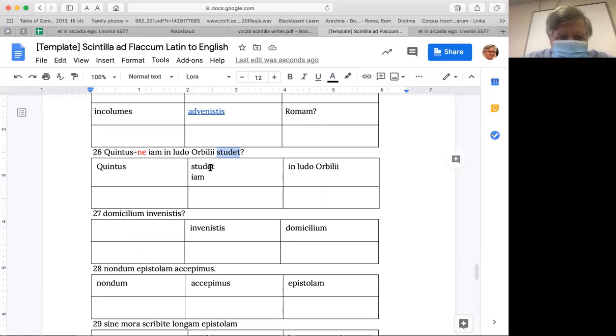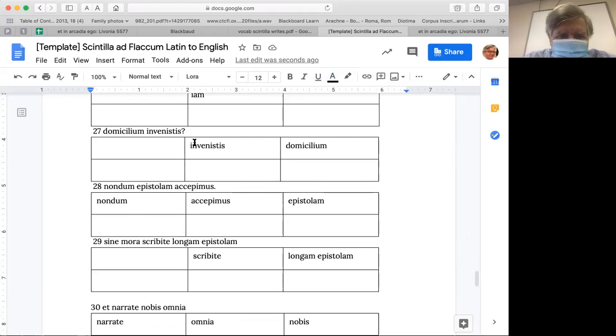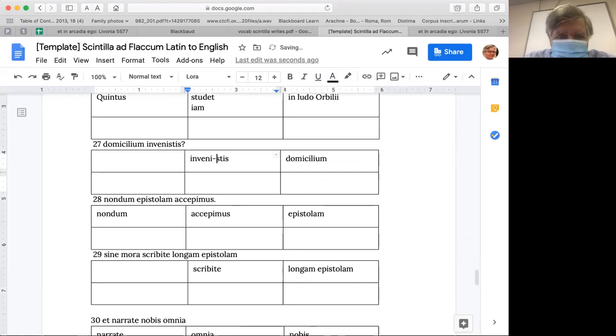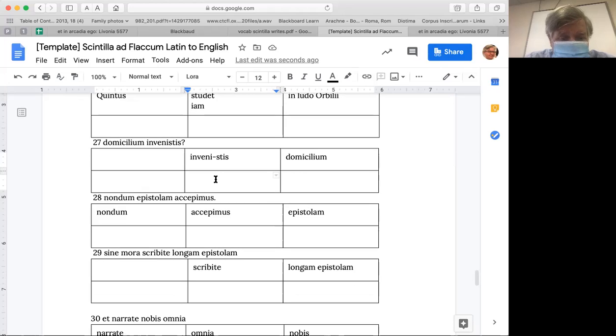Quintus is studying now in ludo Orbilii, in the school of Orbilius. Domicilium invenistis, again with you plural, back to you plural. Have you found a domicilium? You can just say a domicile. Invenistis, invenire means find, and this is the past tense of find.